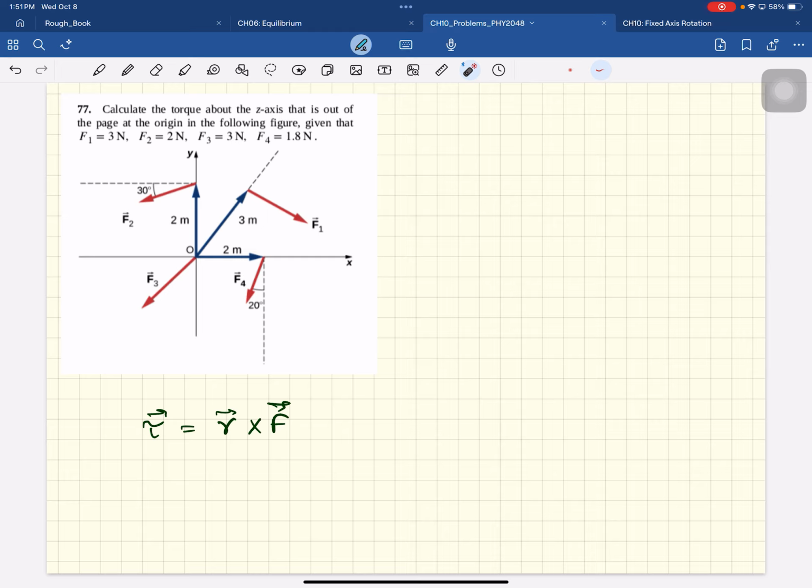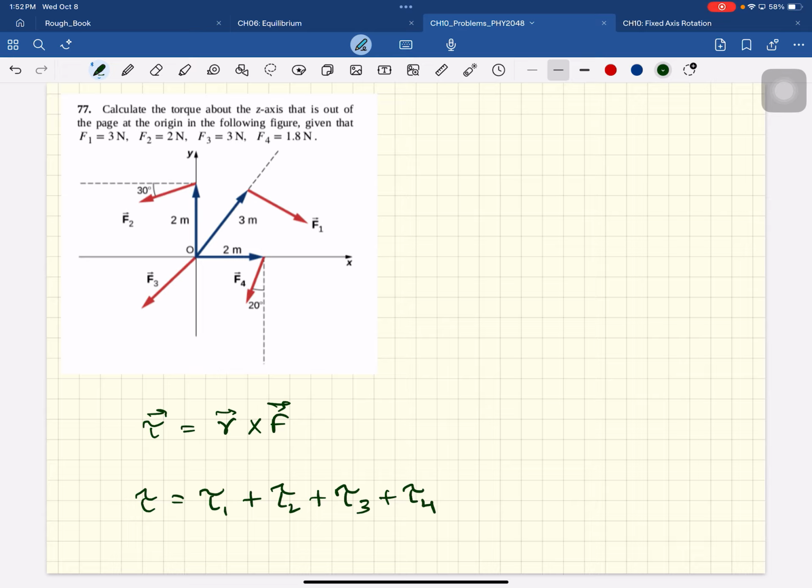All right, so again, the magnitude of the torque is the magnitude of the force times the perpendicular distance, or the moment arm. Okay. So this is a clockwise torque. So the net torque is the torque due to force 1 plus the torque due to force 2 plus the torque due to force 3 plus the torque due to force 4.